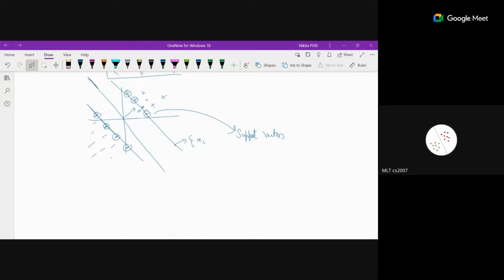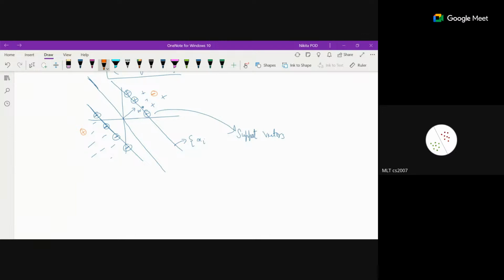So let's say this was my positive side, and let's say I have some negative data point here, and on the other side I have some positive data point. If we look at this figure, I know that the data is linearly separable.